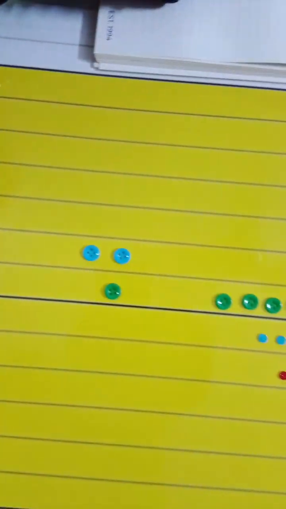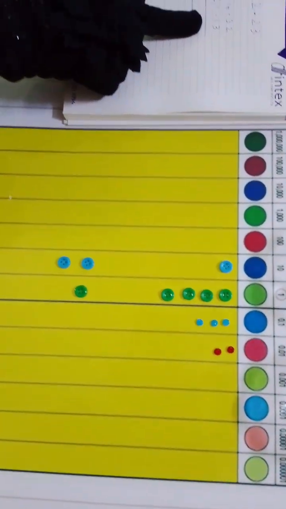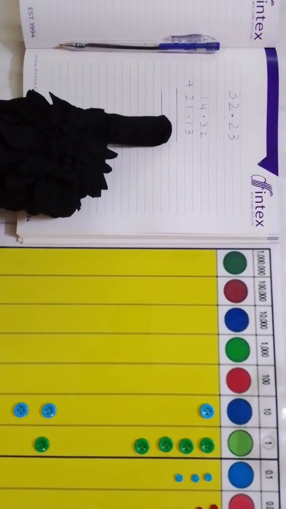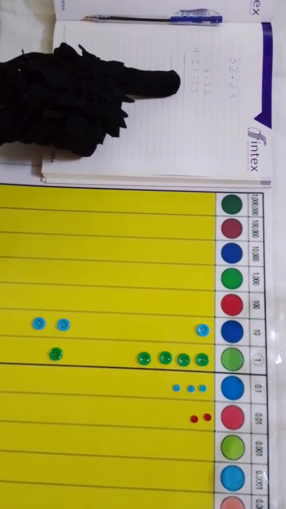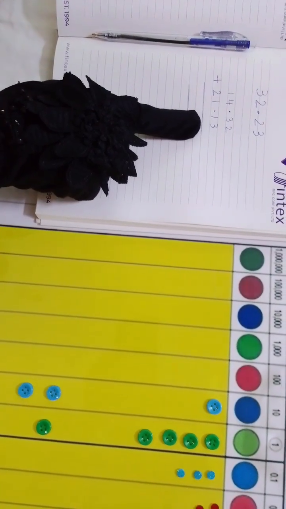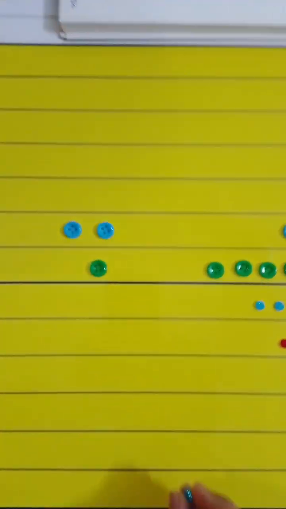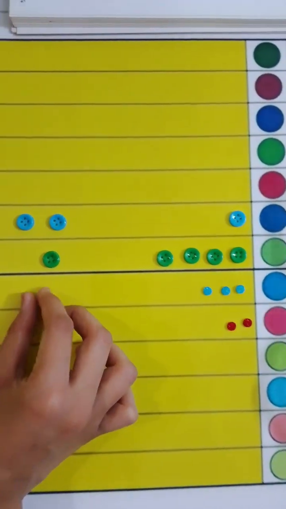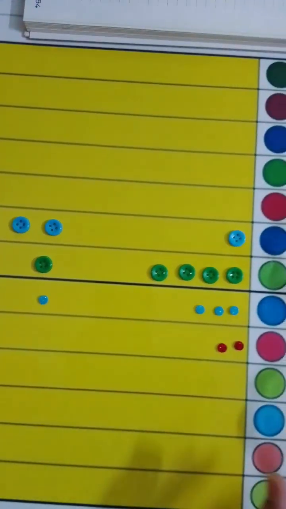Good. Now let's look at our decimal numbers. We have 1/10 and 3/100ths. Good.